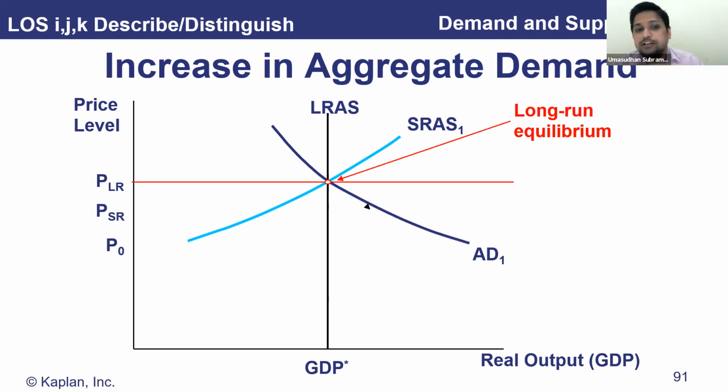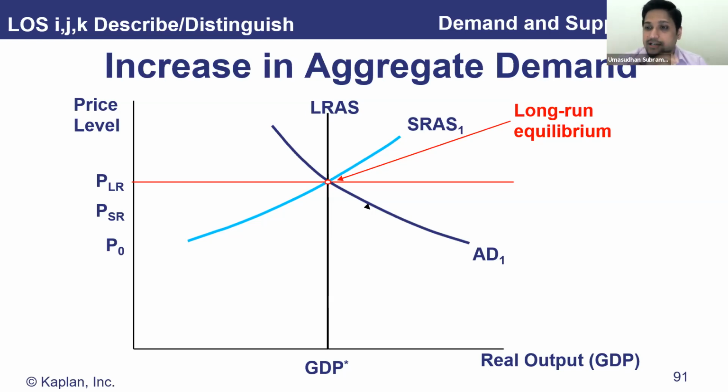What else can you do to increase long-run aggregate supply? There are so many other things that you could do. You can improve productivity, bring in more labor, improve technology, discover new natural resources and things like that can increase your long-run aggregate supply.